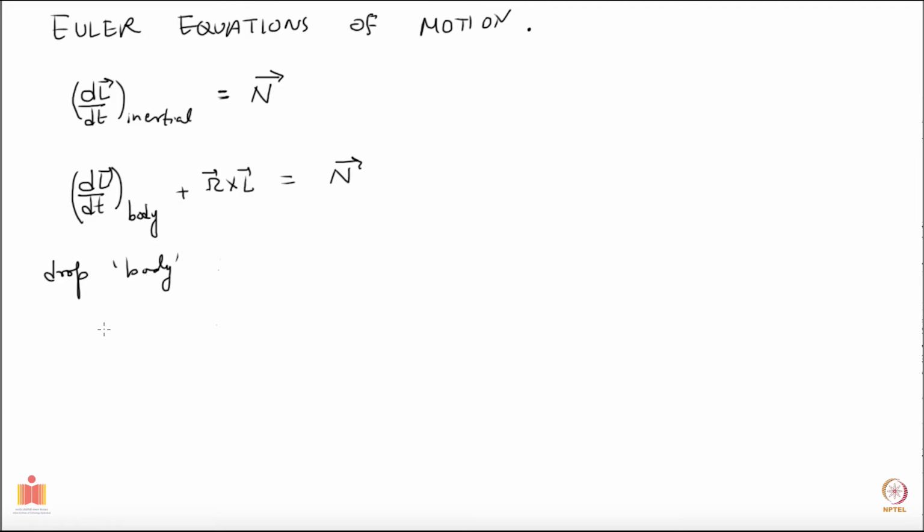So I get dL_i over dt plus, what's the cross product? You can use Levi-Civita tensor to write it. So it's epsilon_ijk omega_j L_k, and this will be equal to N_i.